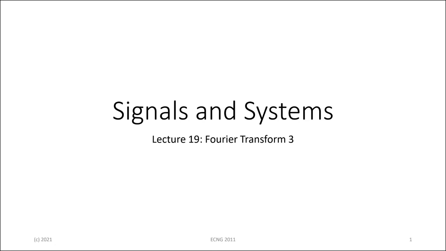The other signal that we looked at was the unit step. In the time domain, we talk about it being a causal signal: nothing for t less than 0, and then 1 afterwards, going from 0 to some positive value.